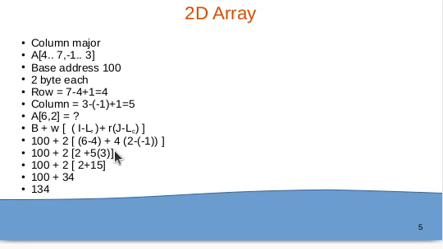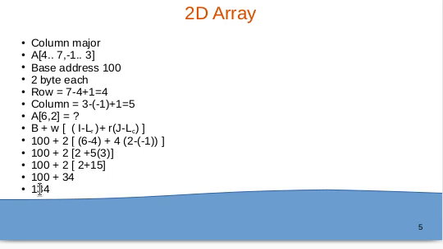So to reach this address, it will pass through this number of cells. Then after that, it will require 6 minus 4 up to this row. Now this is the equation: 100 plus 2 into 2 plus 5 into 3. So 2 into 2 plus 15, that means 2 plus 15 equal to 17. 17 into 2 is 34. So the address will be 134. So the address of A62 will be 134.